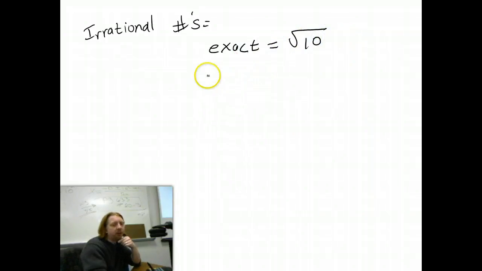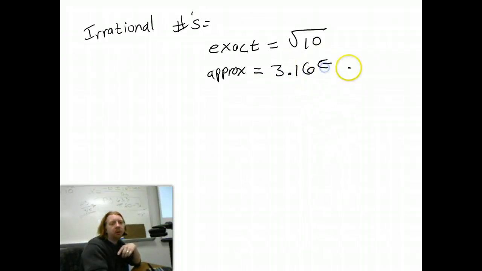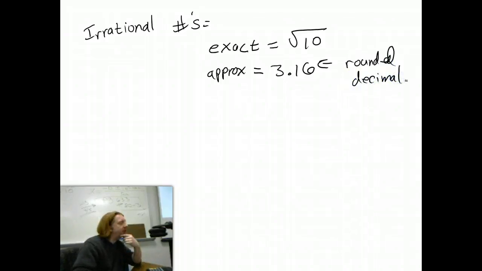If I ask for an approximate, that is, take the square root of 10, 3.16. It's a rounded decimal. If any problem asks for exact answers and it involves square roots, you leave your answer with a square root in it.